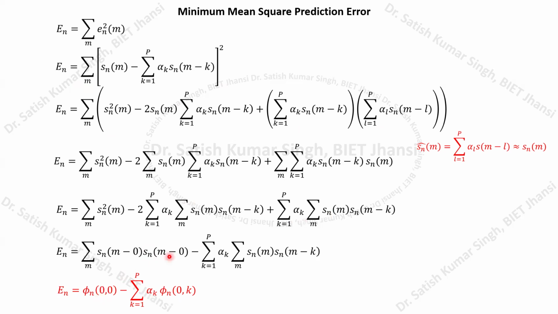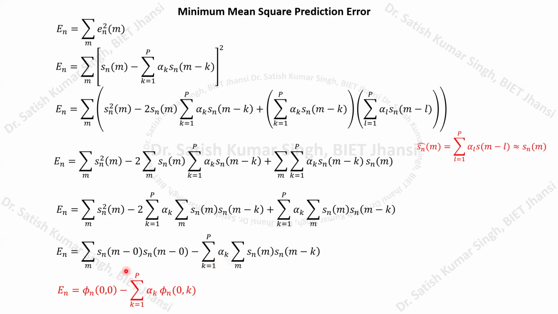Okay, and now here you can see this particular equation. This is m minus i. So here the i value is equal to 0. So we can write this again in the form of covariance. That equation will become phi n 0 comma k, and here is our predictor coefficient alpha k.